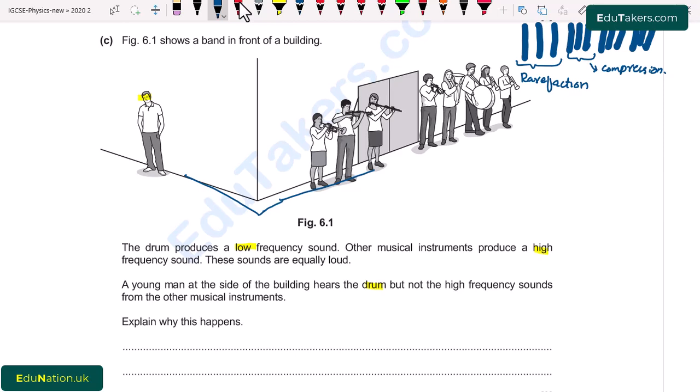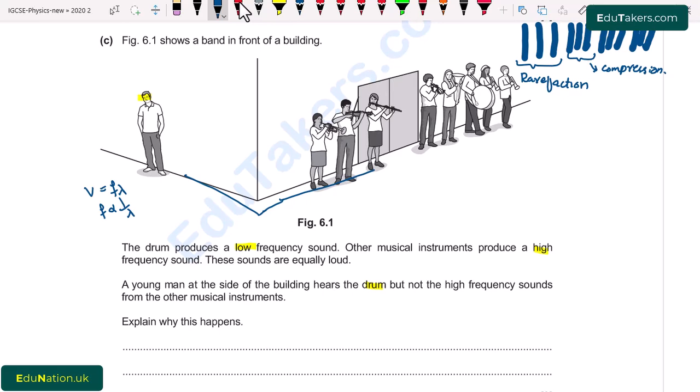And there are two kinds of frequency. First is low frequency sound and other is high frequency sound. v is equal to f lambda and v remains the same. So f is proportional to 1 over lambda. For low frequency sound, wavelength will be larger, but for high frequency sound, the wavelength will be smaller.